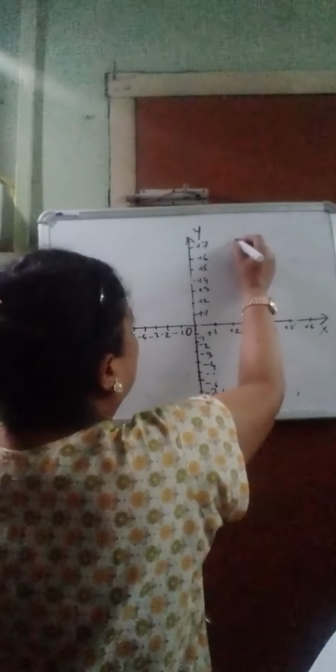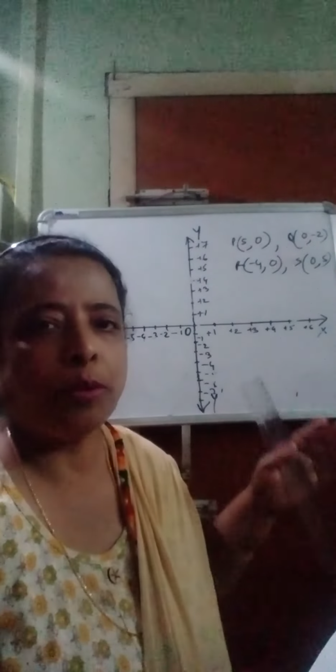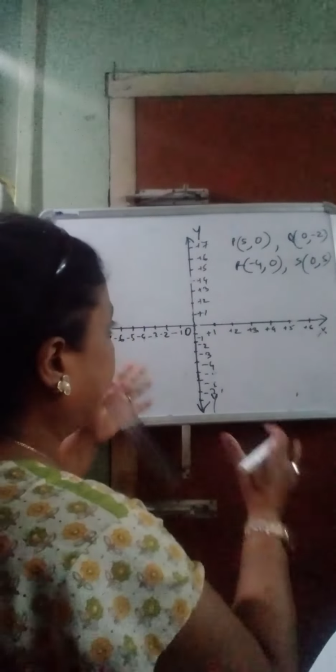Suppose P(5, 0), then Q(0, -2), then R(-4, 0), then S(0, 5), and you have to put the points by measuring, graphically on graph paper.